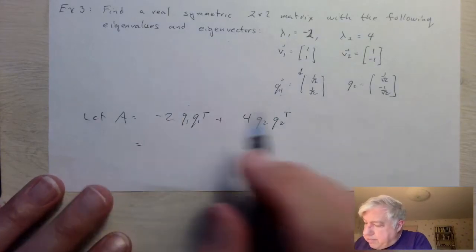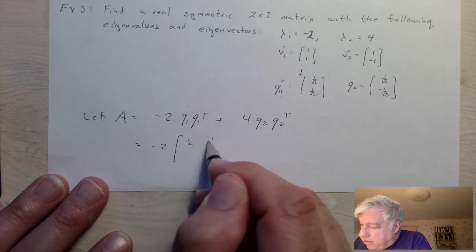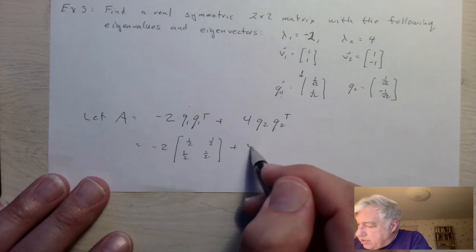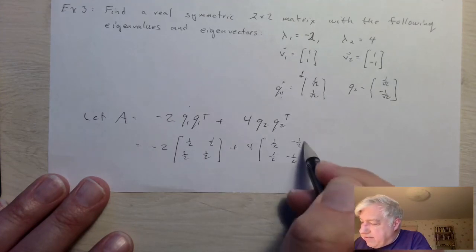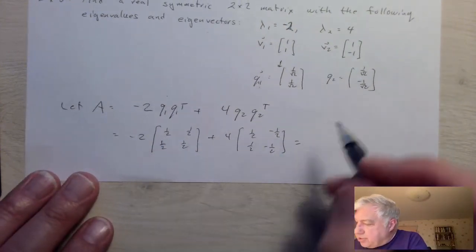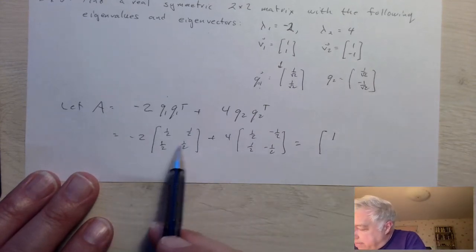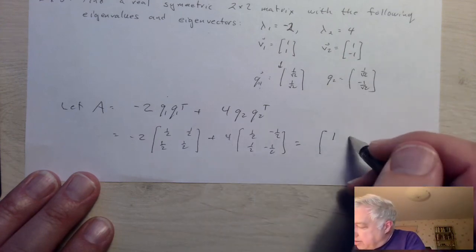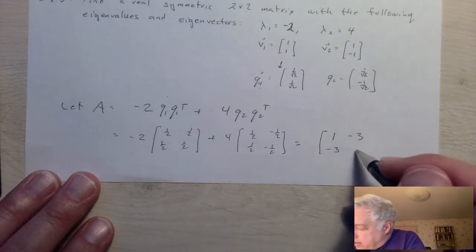And in fact, this will be negative 2 times, we just found out that this is 1/2, 1/2, 1/2, 1/2. And this is plus 4 times 1/2, negative 1/2, negative 1/2, 1/2. When you do the calculations, this is going to be negative 1 plus 2, so that'll be 1. This will be negative 1 minus 2, so that'll be negative 3, and then this will be negative 3, and this will be 1.